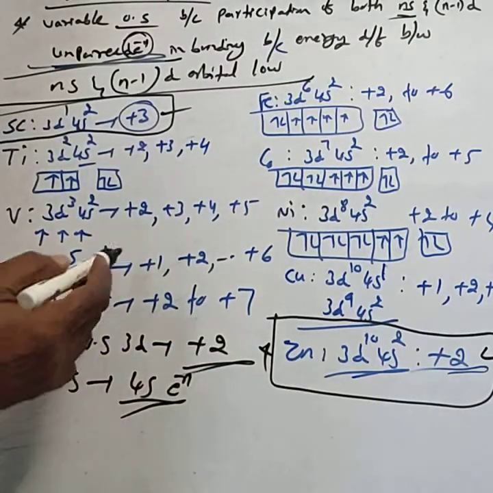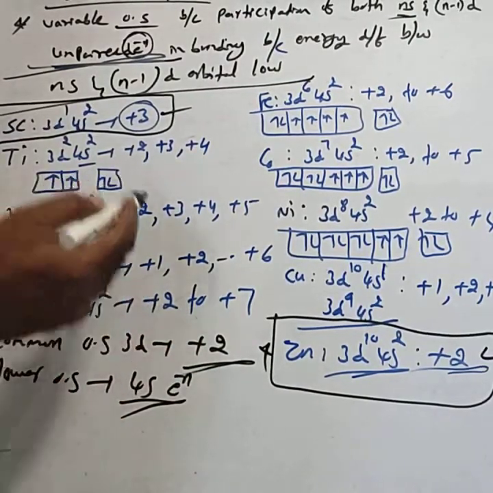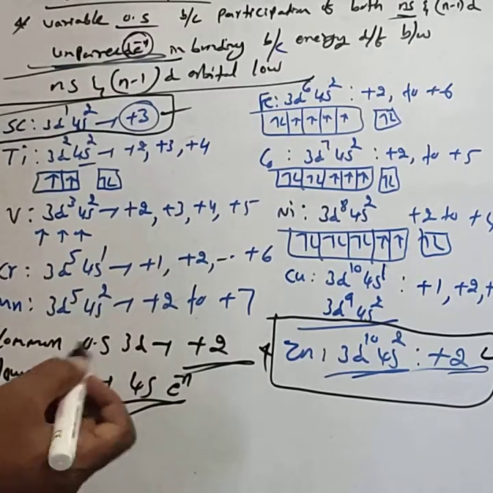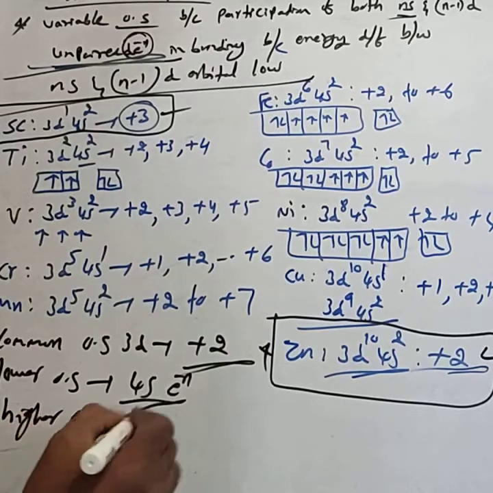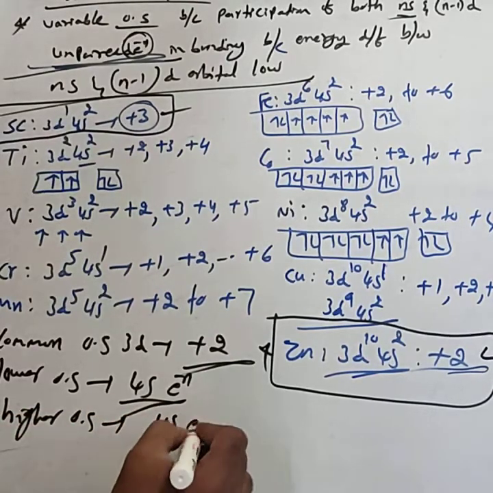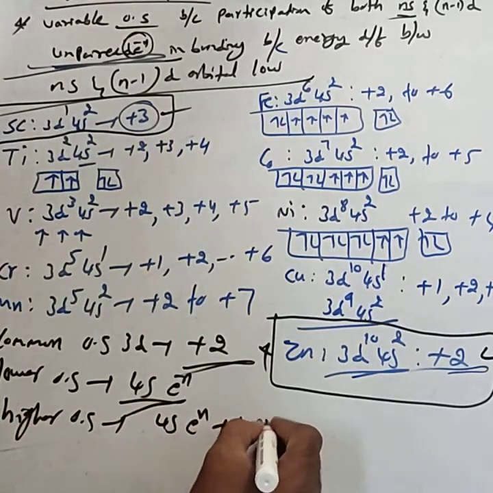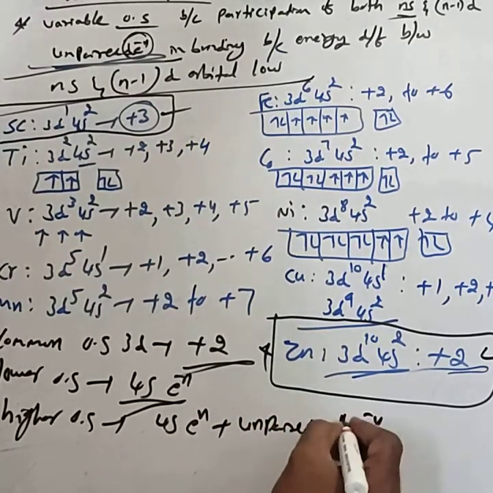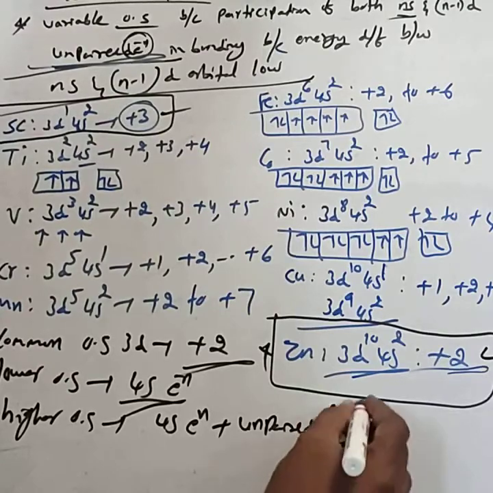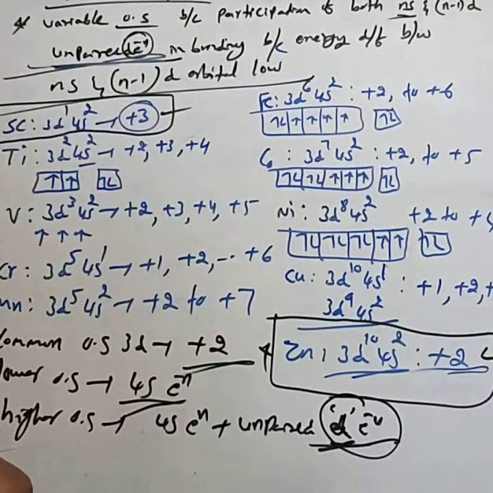Higher oxidation states are due to participation of both 4s electrons and unpaired d electrons, not the paired ones.